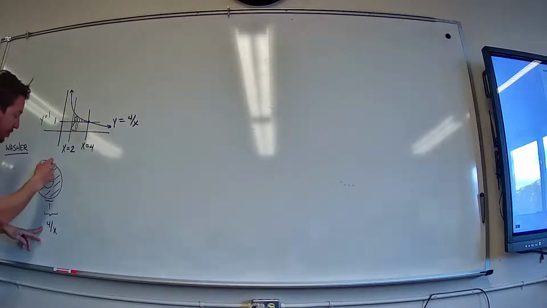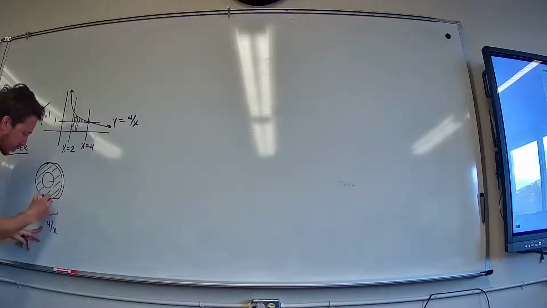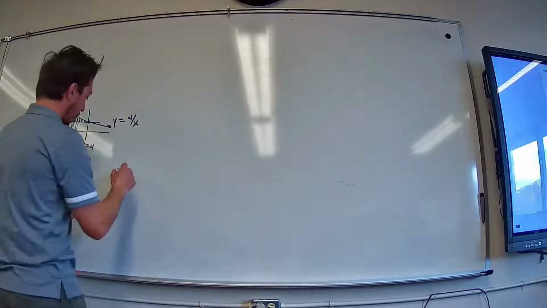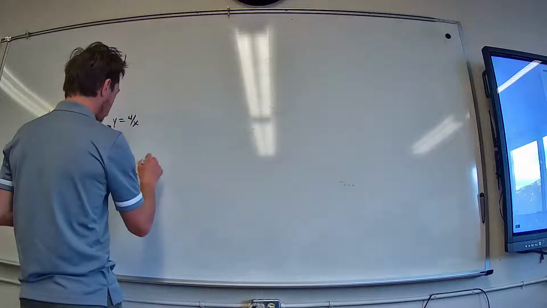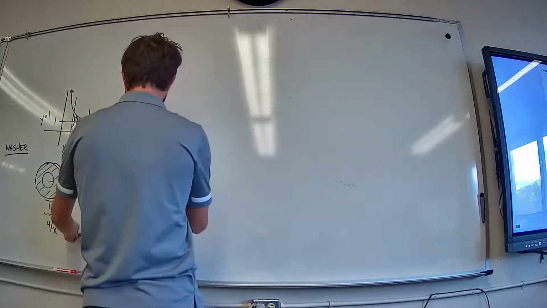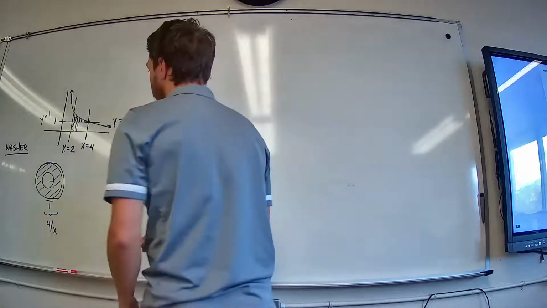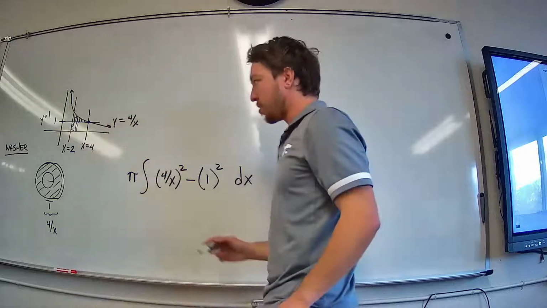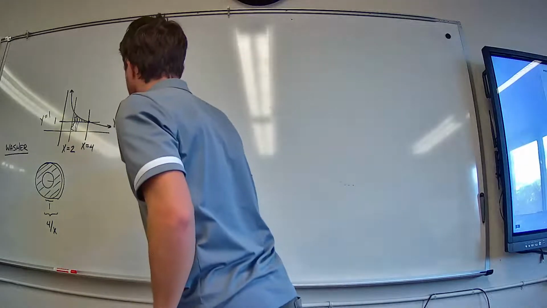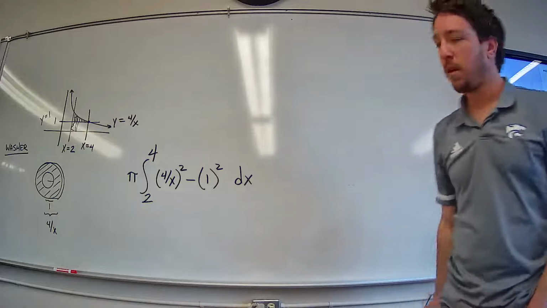So then the volume of this, and of course the thickness is dx. So you go pi times the integral of big radius squared minus little radius squared times the thickness. And what are your bounds of integration? 2 to 4.